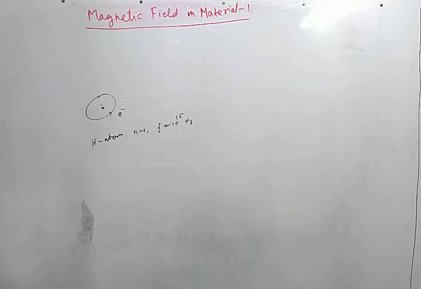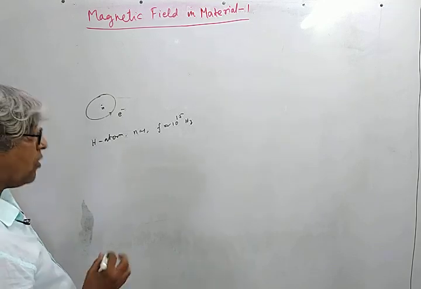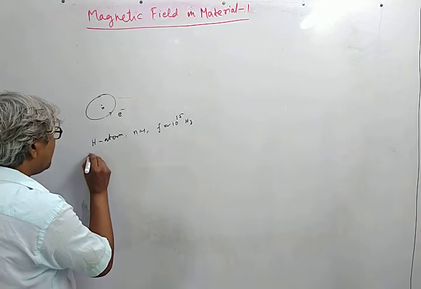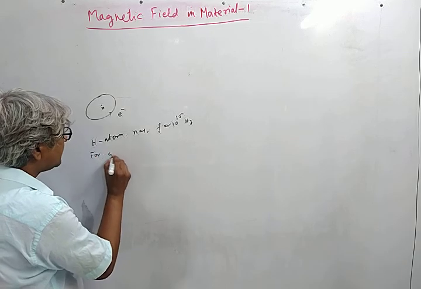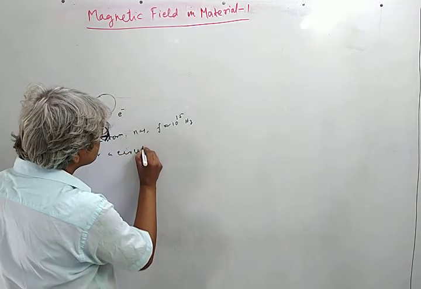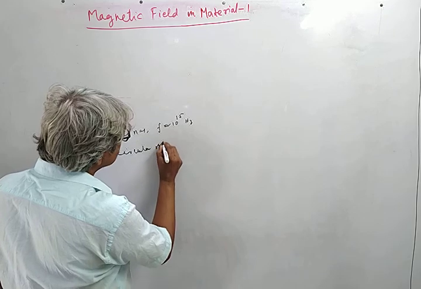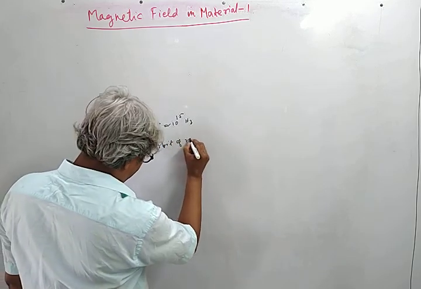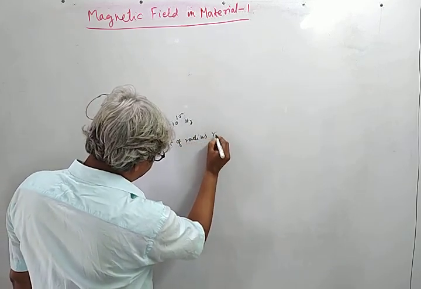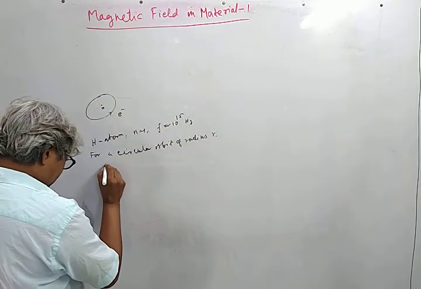We know from our study in magnetostatics that a closed current carrying loop, so far as an external point is concerned, behaves as a magnetic dipole whose dipole moment is the circulating current times the area. So if we consider the electron to be revolving in a circular orbit of radius r, the first thing is the current.